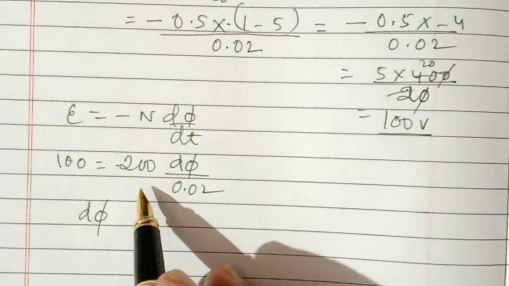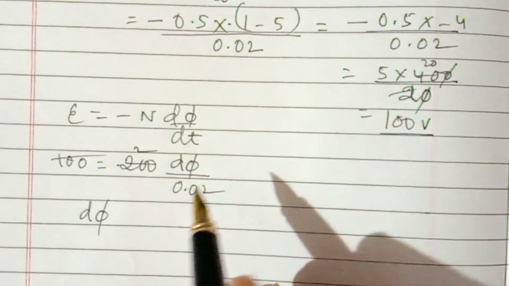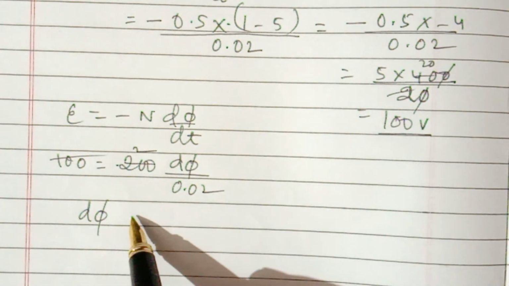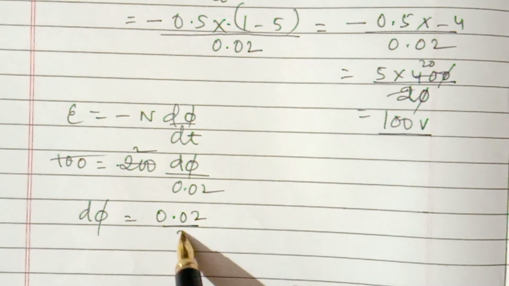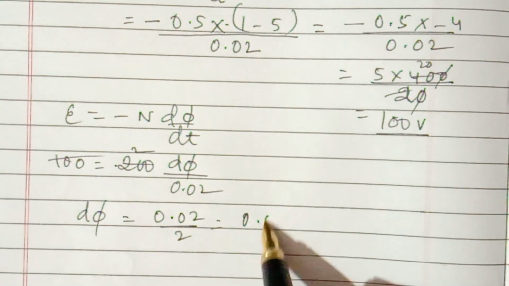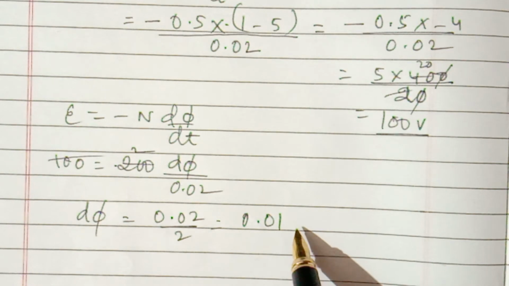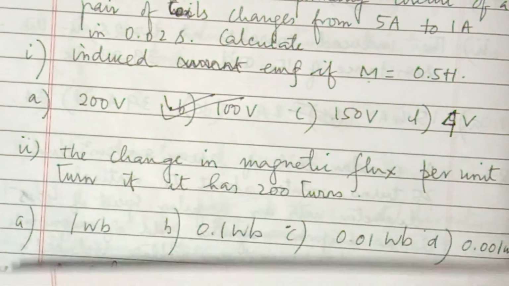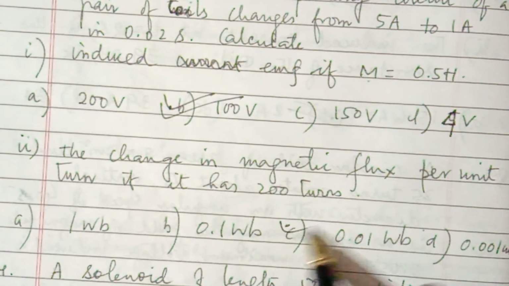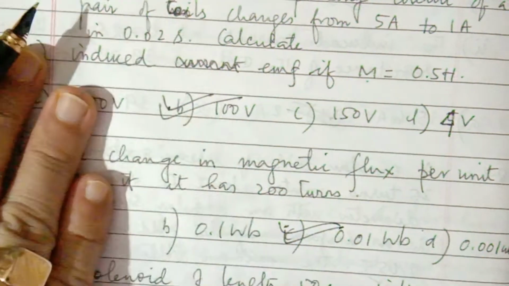So d phi equals 0.02 by 2, which is 0.01. So this is the correct option.